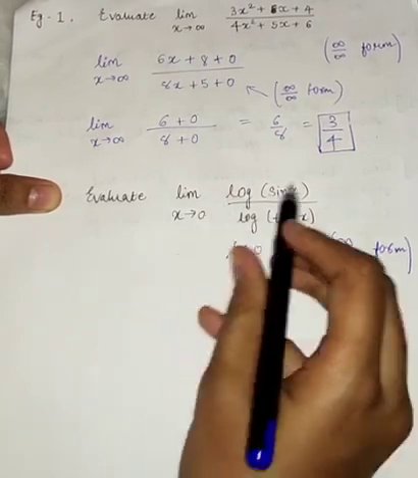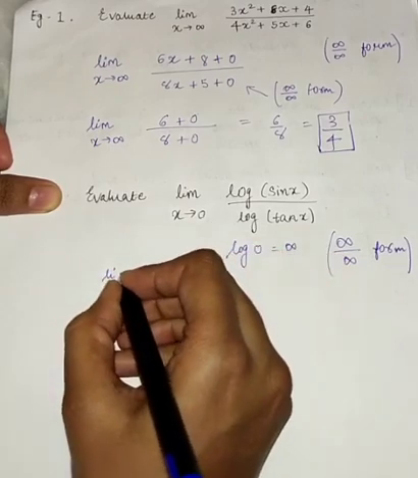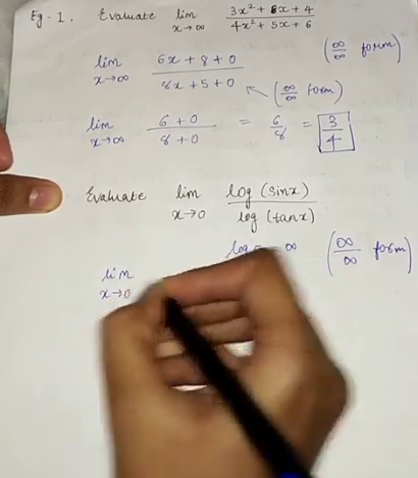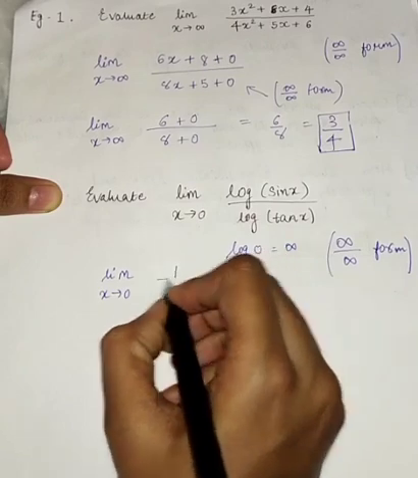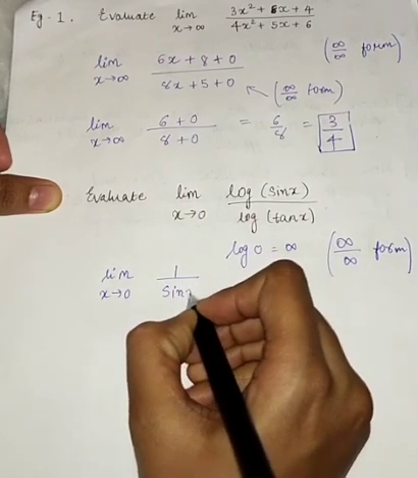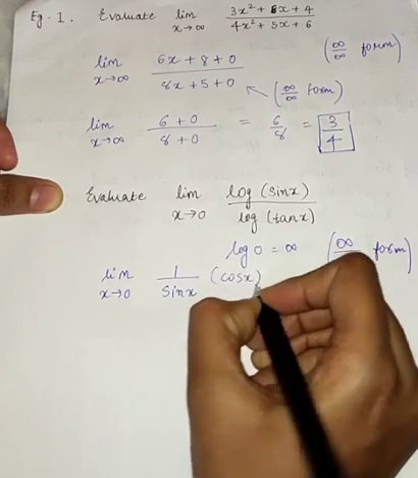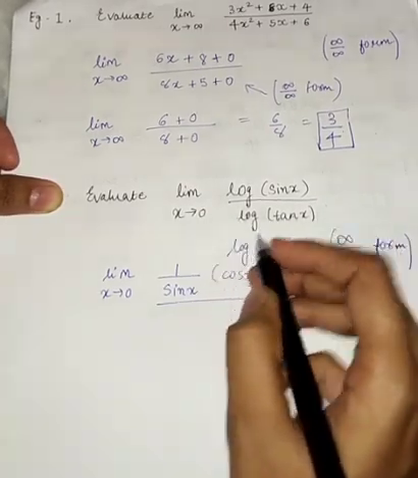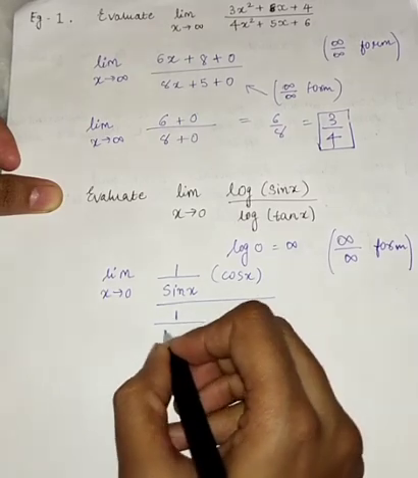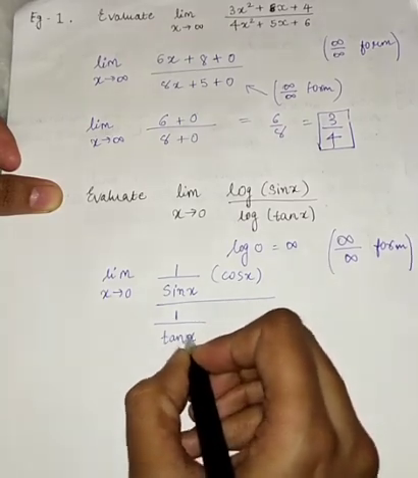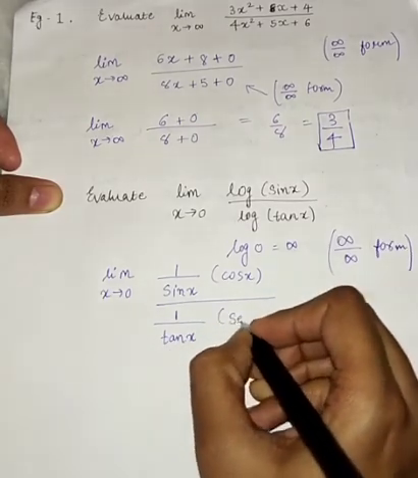So we will further differentiate this equation. So we get differentiation of log sin x is 1 upon sin x times the differentiation of sin x, which is cos x. Similarly, in the denominator, log tan x gives 1 upon tan x, and differentiation of tan x is sec square x.